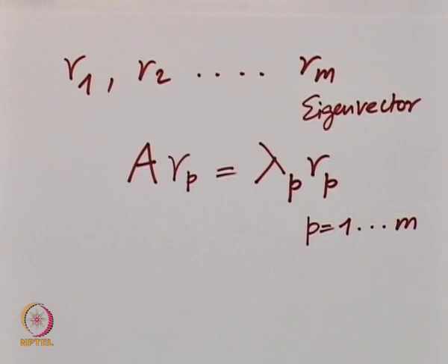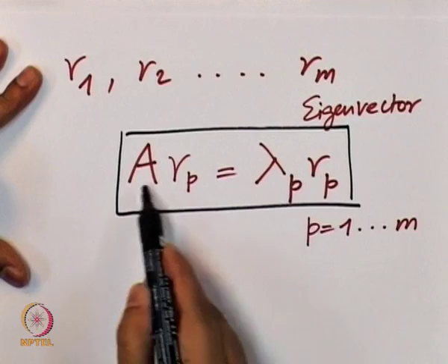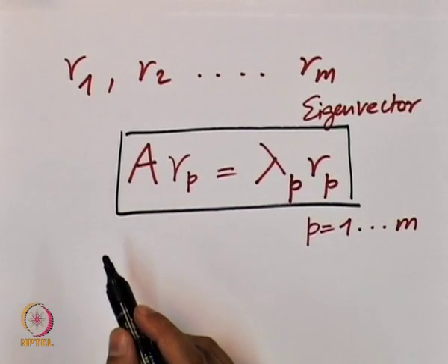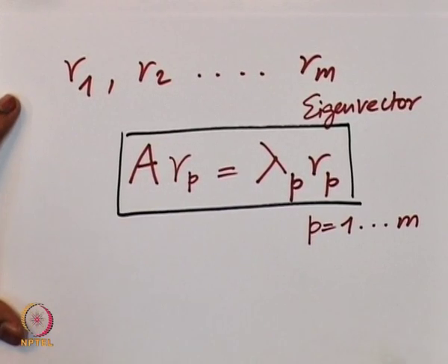So this is the basic equation that defines the relationship between an eigenvalue and an eigenvector for a given diagonalizable m by m matrix.